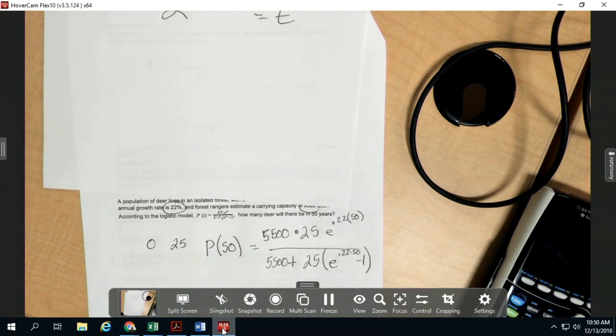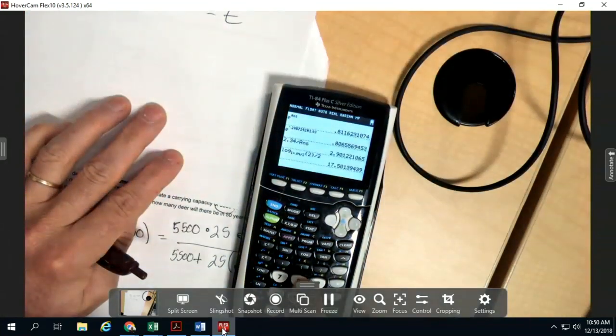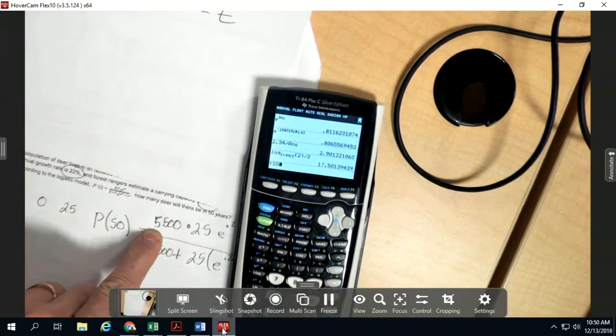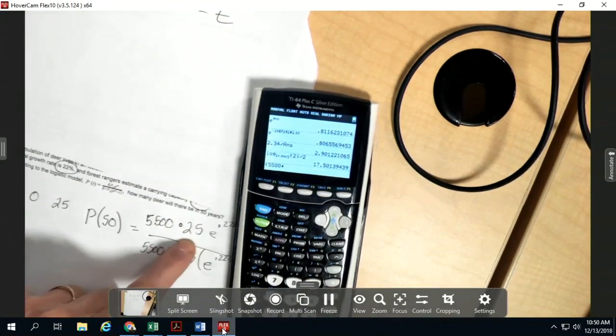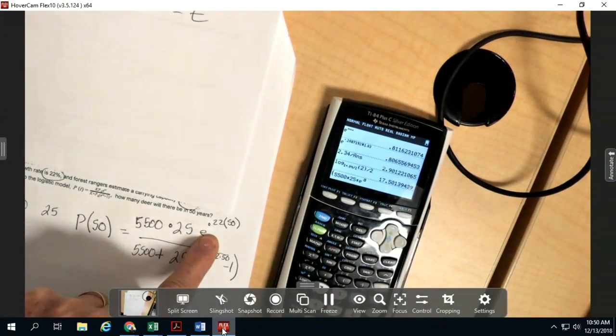What does it calculate out to be? So on my calculator, I'm going to use parentheses. 5,500 times 25 times e to the 0.22 times 50.